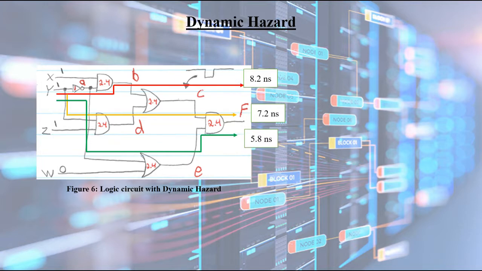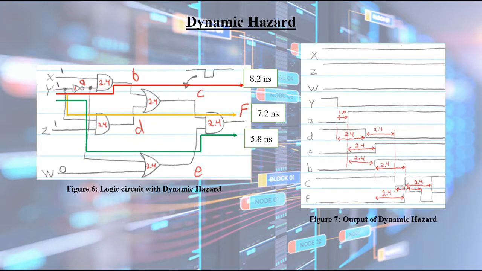The dynamic hazard at F results because a change in Y arrives at F from 3 different paths at 3 different times. From the timing diagram as shown in figure 7, there will be a glitch at F while bit Y is changing from 1 to 0.